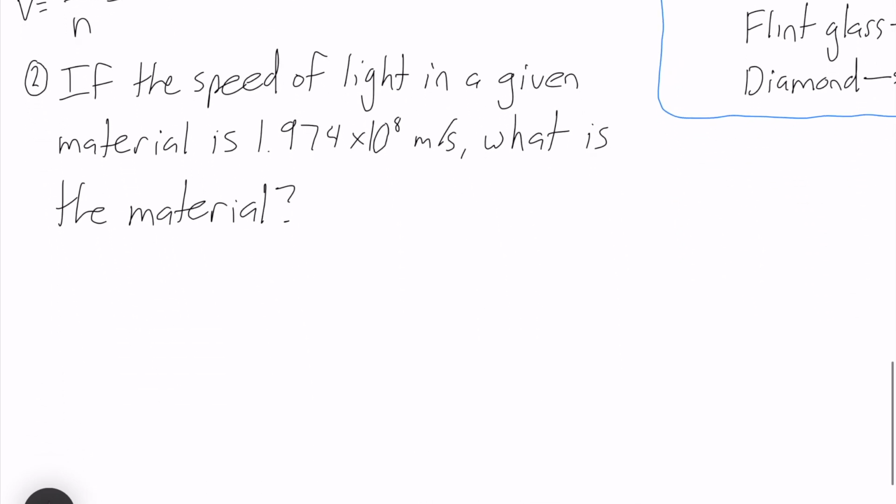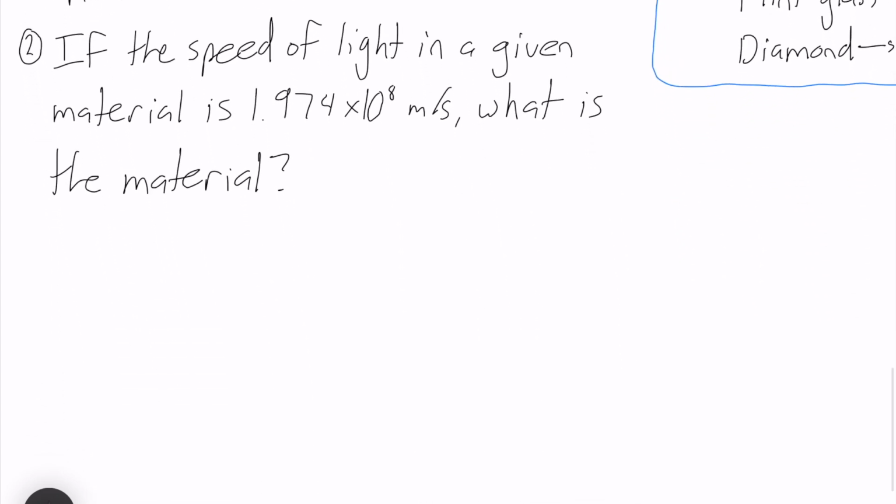So the second example, it reads, if the speed of light in a given material is 1.974 times 10 to the 8 meters per second, what is the material? So we can write down what we know. So again, we'll write down that constant, 3.00 times 10 to the 8 meters per second is always the speed of light in a vacuum.